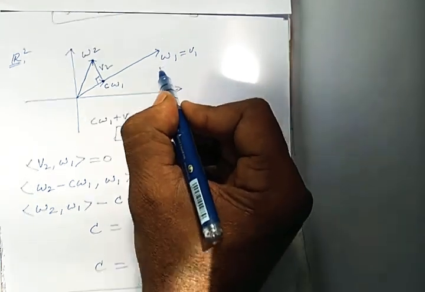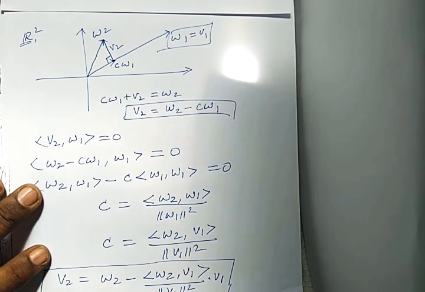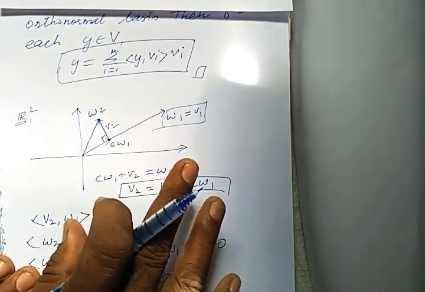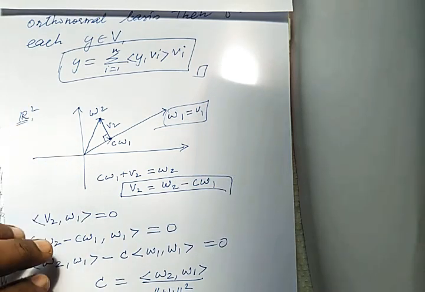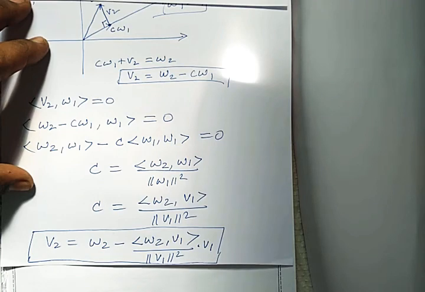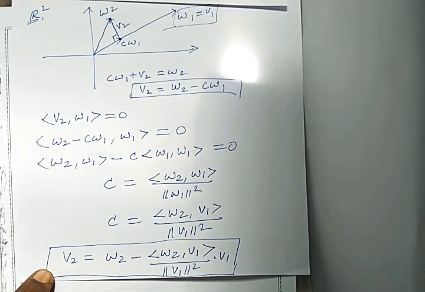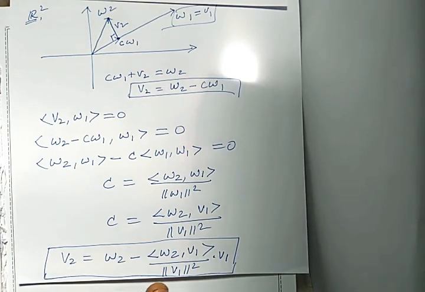V1 is nothing but W1, but V2 is equal to this one. This geometrical interpretation can be extended to any number of linearly independent vectors, and that is going to be called the Gram-Schmidt process.